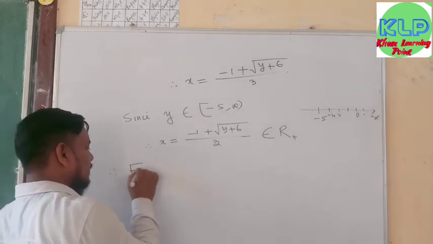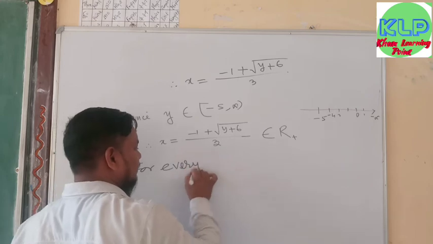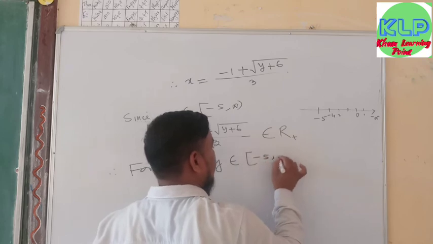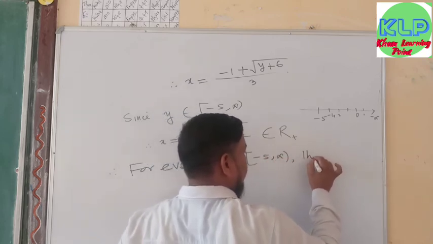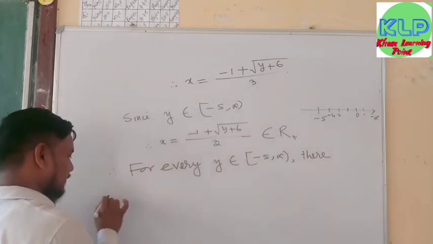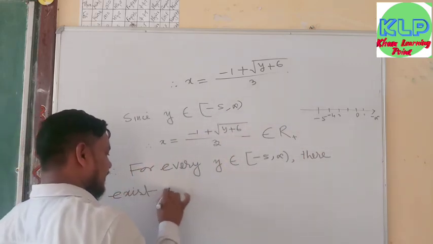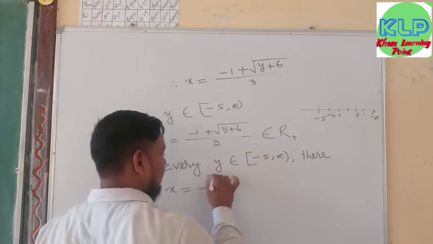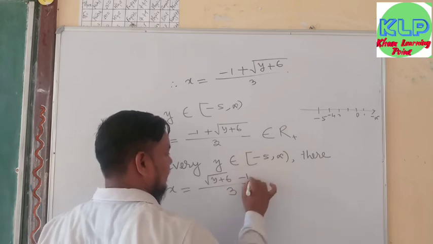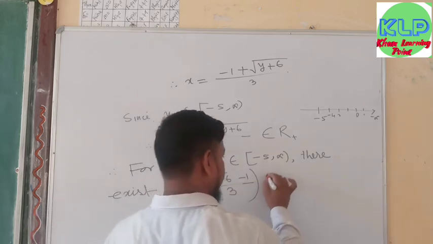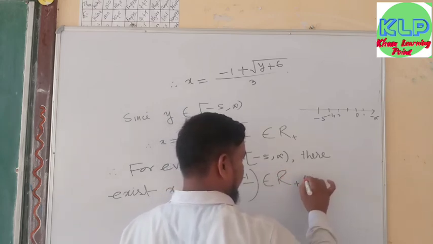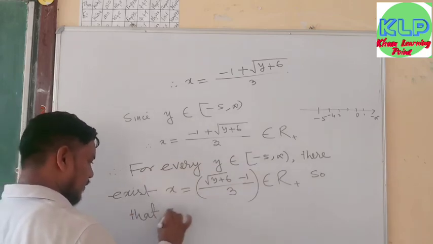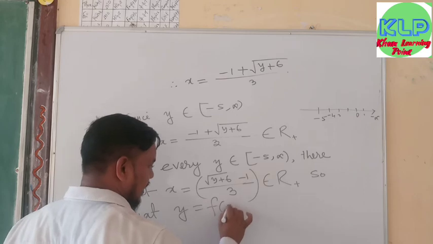So for every y belonging to minus 5 to infinity, there exists x which is equal to root over y plus 6 minus 1 divided by 3, and it belongs to R positive, so that y is equal to f of x.